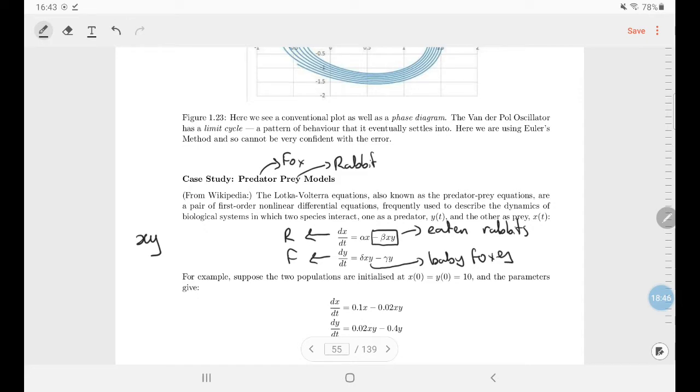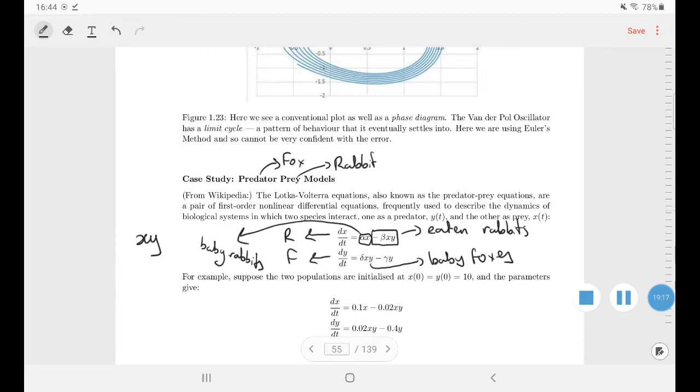Now, the other issue is that the rabbits can eat loads of grass and stuff. So basically what happens is if you've got rabbits, if x is big, you get more rabbits. So these are baby rabbits. And it's kind of saying that you're not really going to worry about the rabbits running out of food in this model.